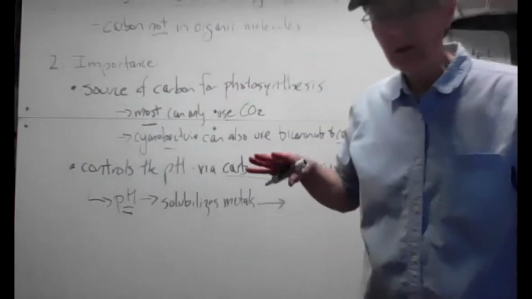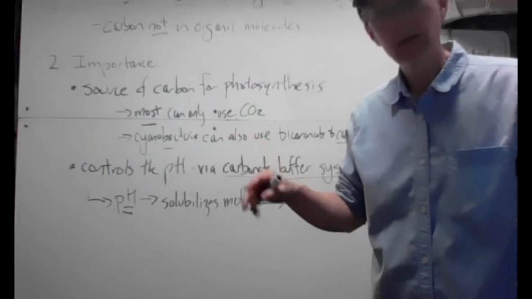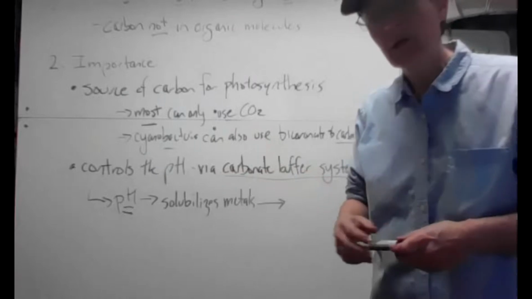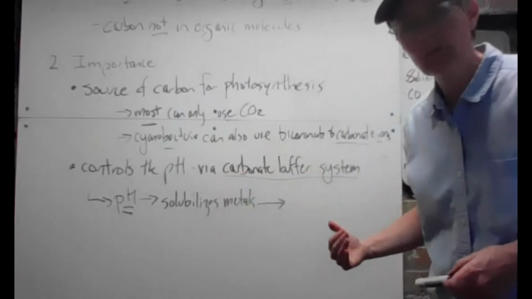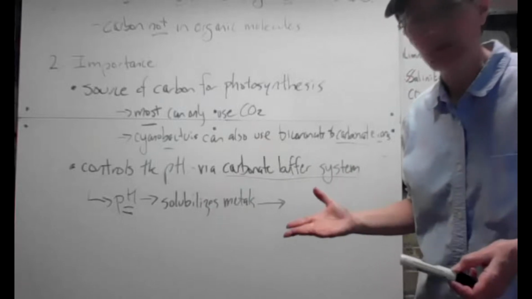If you've got acid rain and it falls on soil, it can dissolve aluminum out of the clay. And then when the aluminum ions wash into the lake, they kill the fish.